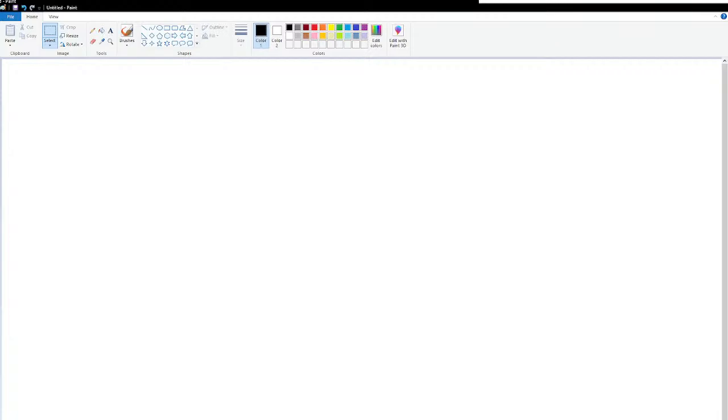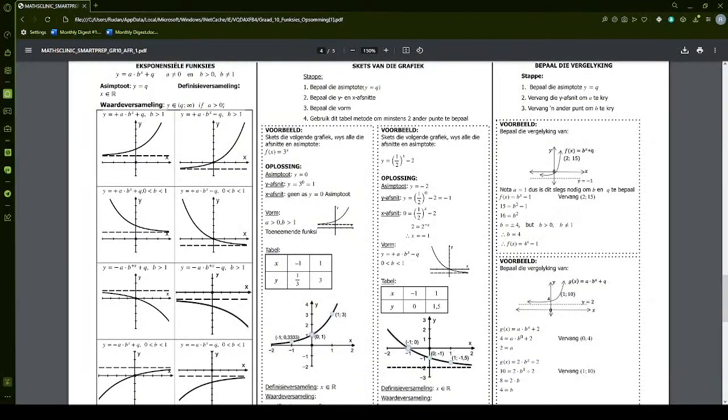Okay, so what we have to do on exponential functions, give me a moment to write everything down.